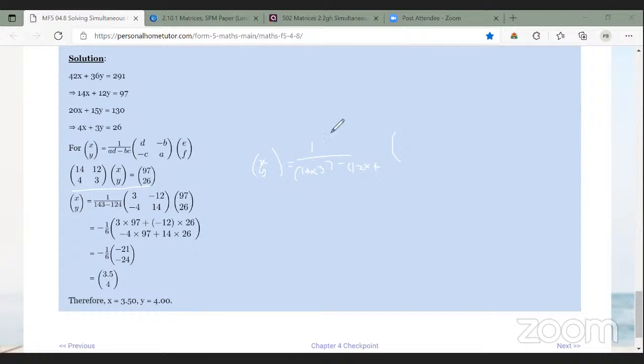So then it would be the A and D, you just switch the places. And then the B and C, you just times -1. And then from there, you times it with the value here, 97 and 26, which you can see from over here.